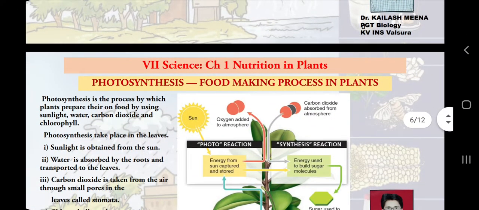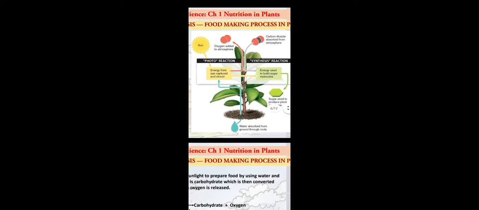Now the process of photosynthesis. The process of photosynthesis requires a few materials. And what is the purpose of photosynthesis? First we understand. The purpose of photosynthesis is to make glucose molecules or carbohydrate molecules from the carbon dioxide which is present in air and the water which is present in soil.